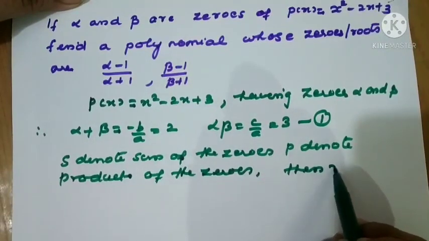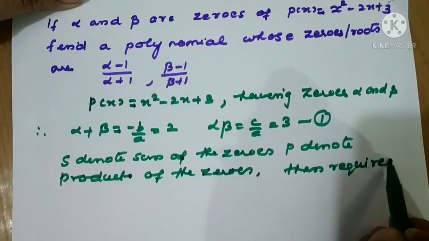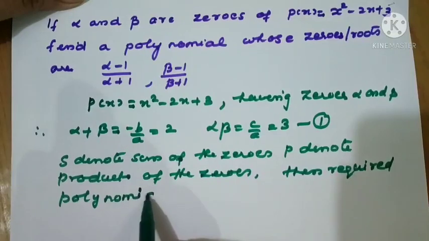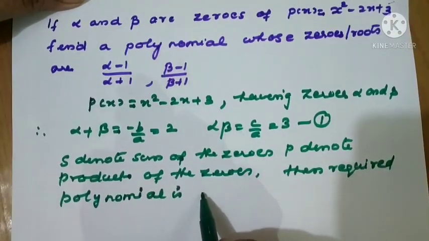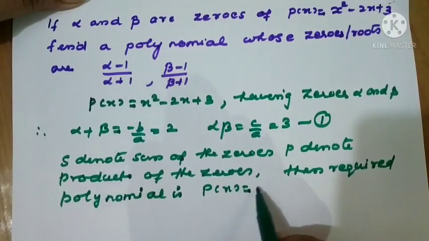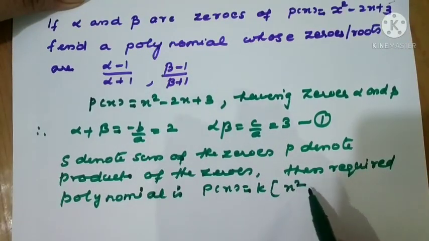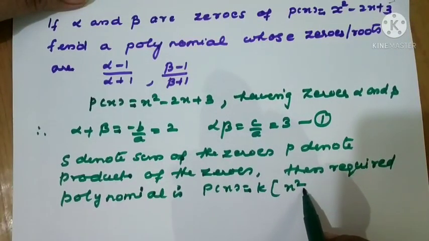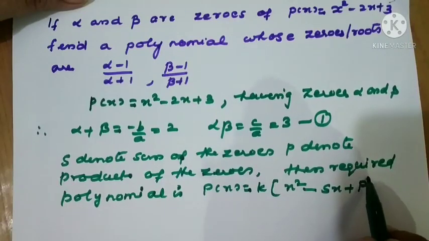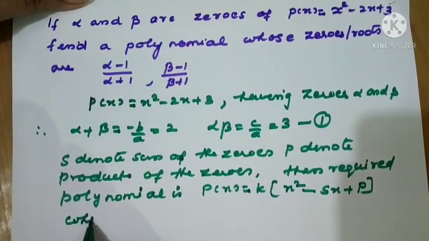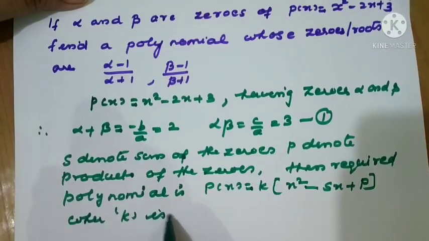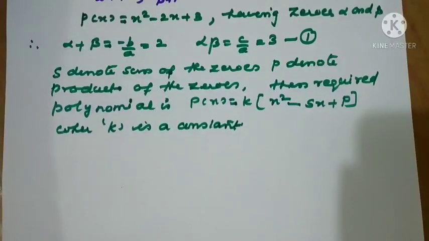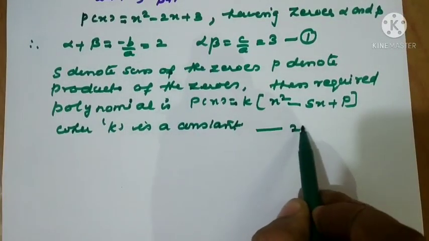Then the required polynomial is p of x equal to k into x square minus Sx plus P, where k is a constant. So this is equation number 2 only.